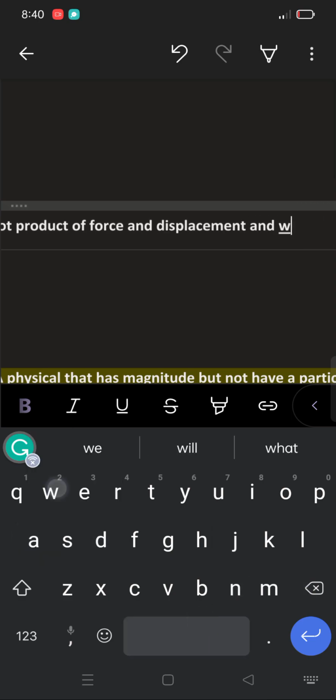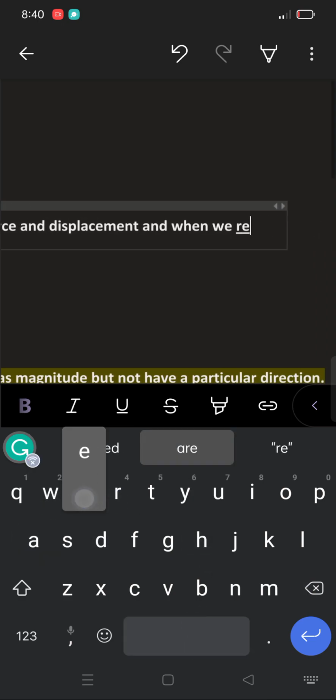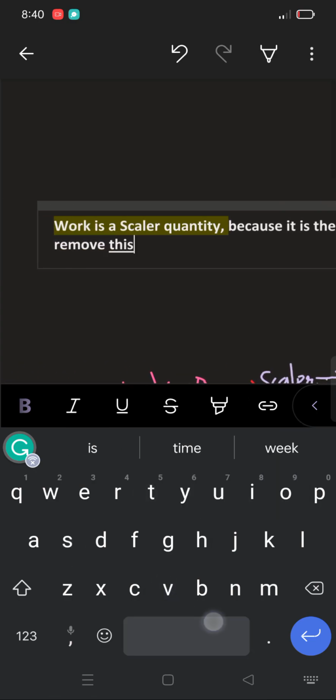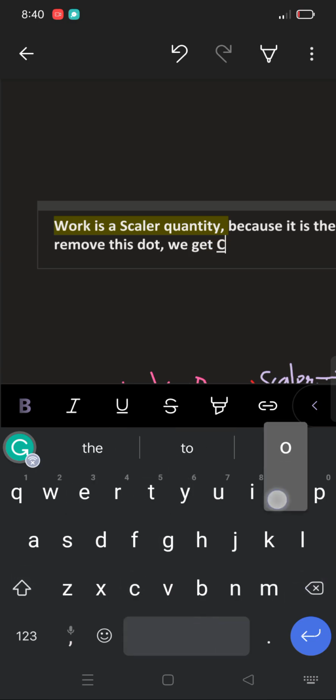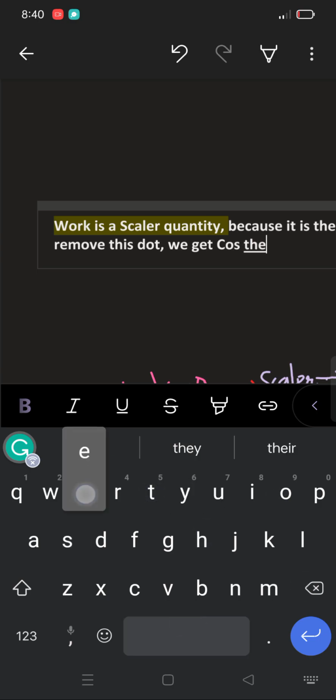And when we remove this dot, we get the component of cos theta, right?